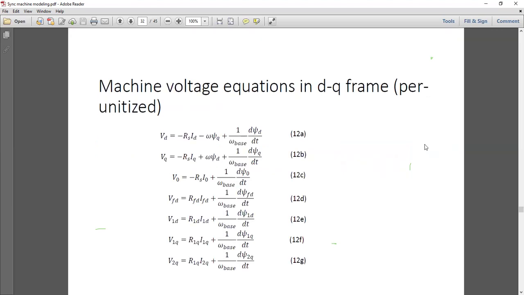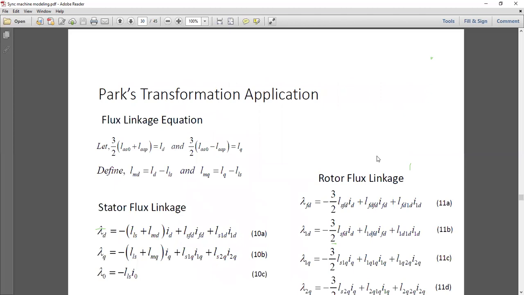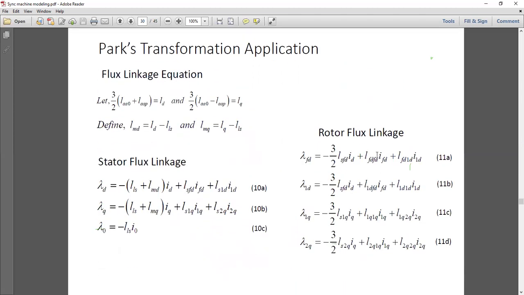So after the per unitization is done, we come up with this. From now on, all the symbols are capitalized: capital V subscript D, capital RS. On the other hand, in the previous expressions, all the currents were small letter ID, IQ, I1D, 1Q.